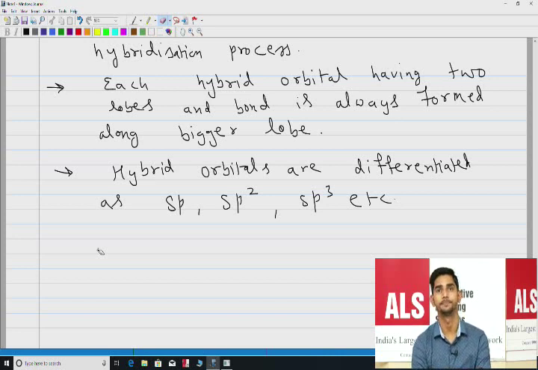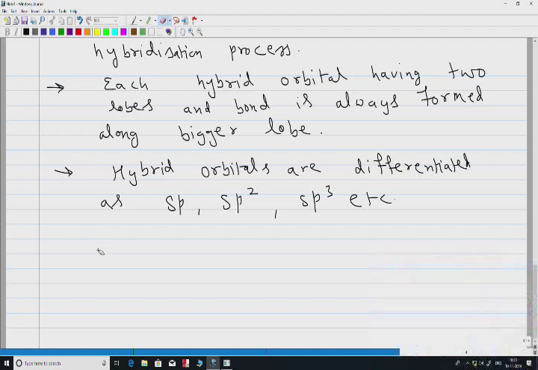If not, then we will understand how hybridization takes place. Shillong, Itanagar, Kestapula, guys, have you copied that?